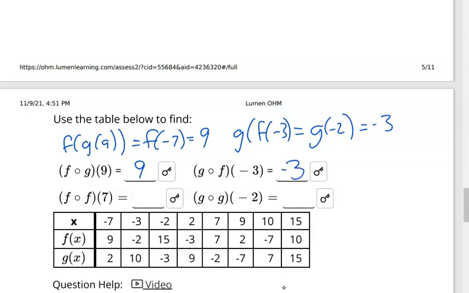F of f at 7. Let's do that over here. That's f of 7. 7 in, I get 7 out, equals 7. So f of f at 7 equals 7.